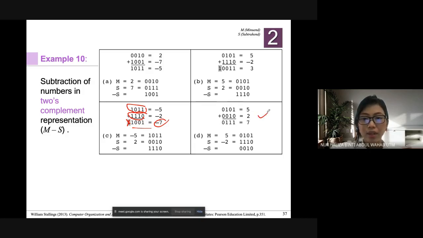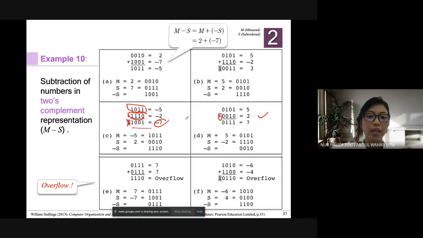So this one is very simple because it is a positive number. And here you can see there is a situation when you did not use the second complement, you get overflow. Okay, this one. So over here you get overflow. Why? You can see over here, this one is a direct positive number.